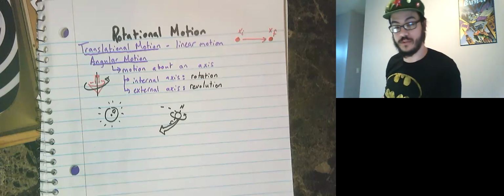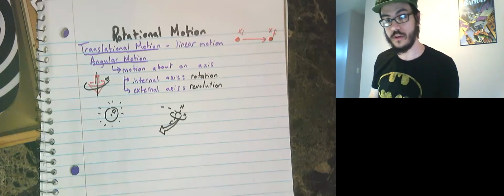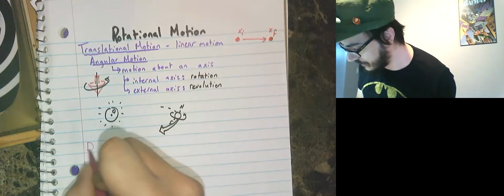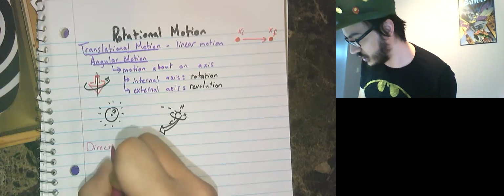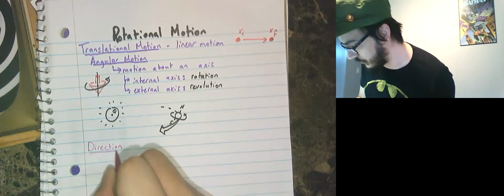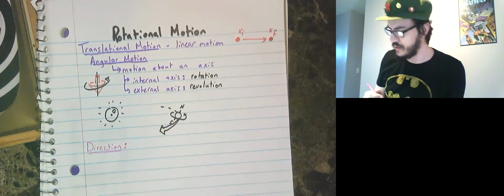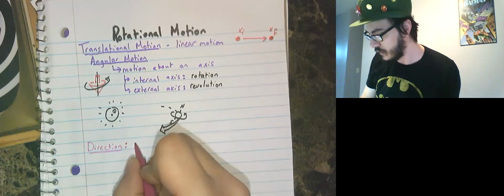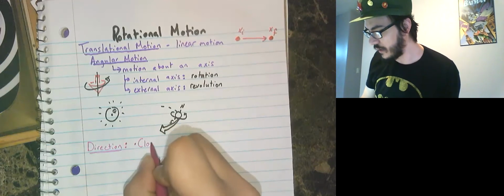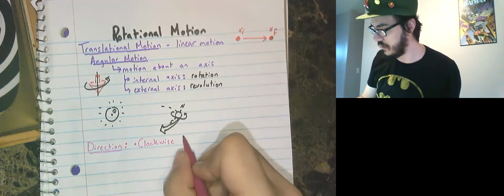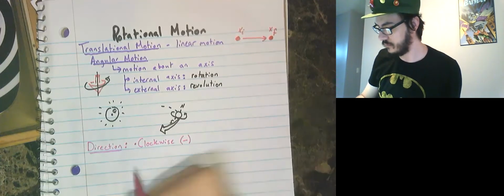It's actually the revolution. And you can tell from what is called the right-hand rule. You see, when we are talking about the direction of rotational or angular motion, the convention, and of course conventions are arbitrary but useful, clockwise is typically considered negative.